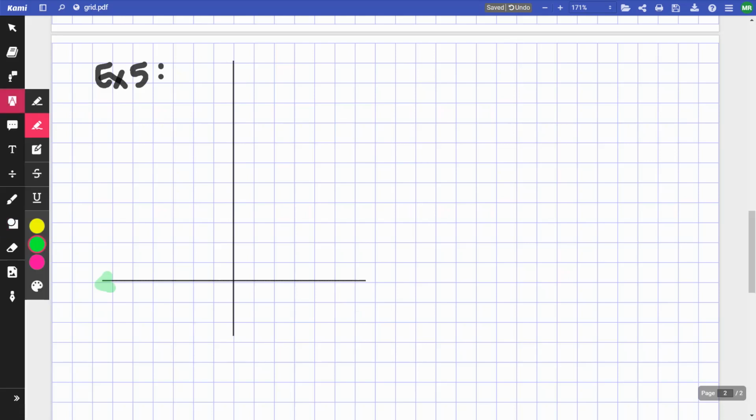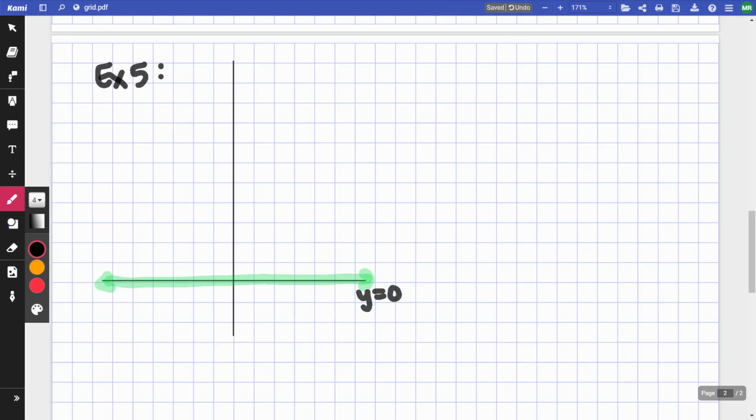Again, asymptote here on the x-axis at y equals 0. And let's say we have a point at 0, 3. 1, 2, 3. Okay, 0, 3. And I'm going to give us one where we can't really tell what we're multiplying by very well. So let's say we're at 4 comma 4.3923.